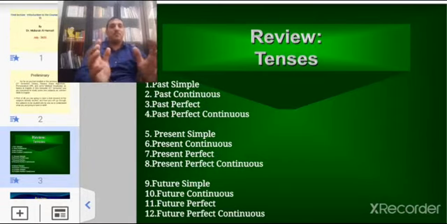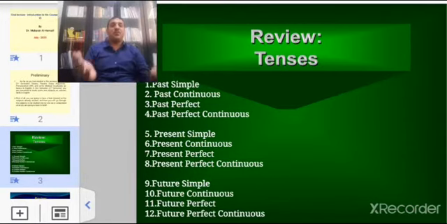So here, past simple, particularly for a review, when we talk about something that happened in the past without any limitation, without any restrictions, and without any action juxtaposing the first action or breaking the first action.